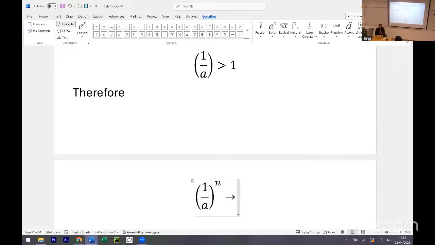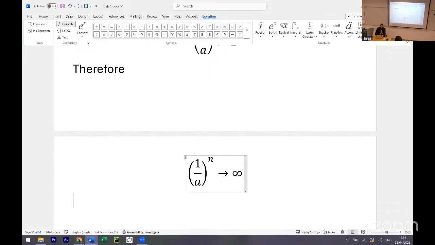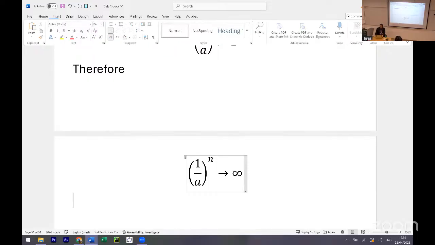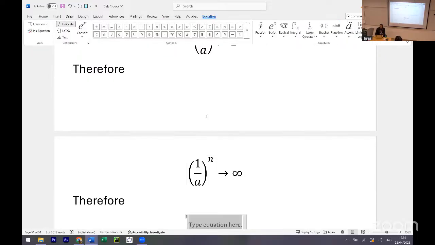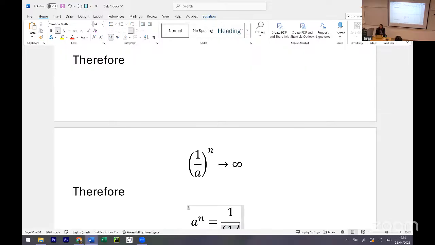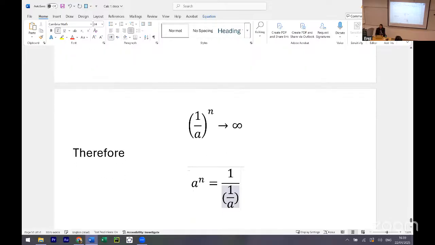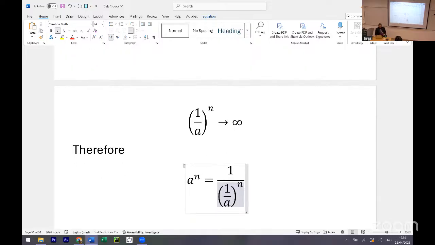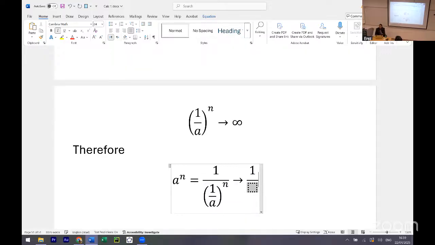It's infinity because it's larger than 1, right? Therefore, a to the power of n, which actually equals 1 over (1 over a) to the power of n, tends to 1 over infinity.